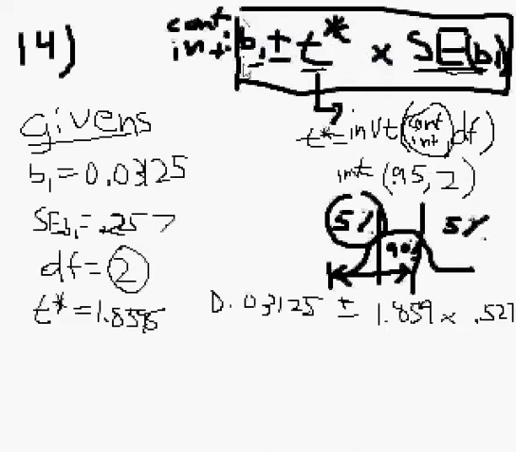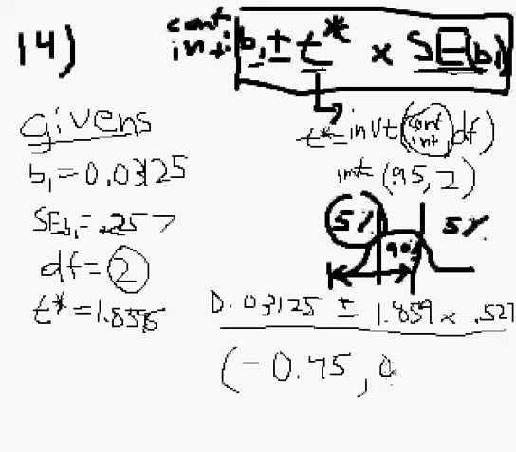So your interval, when you do all of this math together, you should get negative 0.45, comma, positive 0.51. And that's your interval for 90%. So what does that mean?